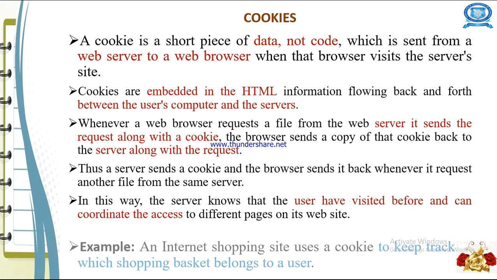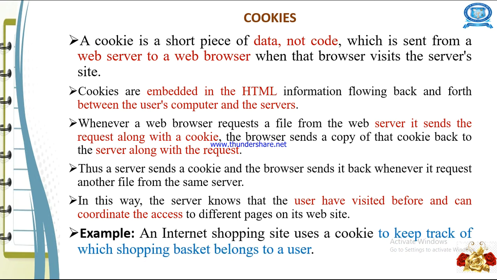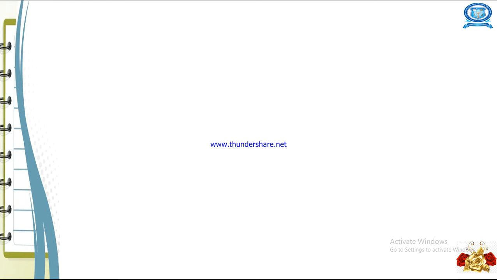For example, an internet shopping site uses cookies to keep track of which shopping basket belongs to a user. This is an example for cookies.